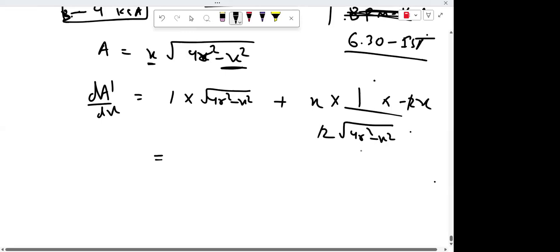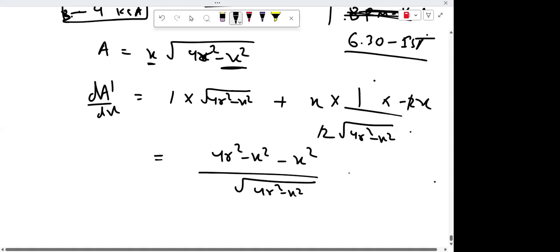If you simplify and cross multiply, this will be 4r square minus x square upon root 4r square minus x square, minus x square. This is 4r square minus 2x square upon root 4r square minus x square.